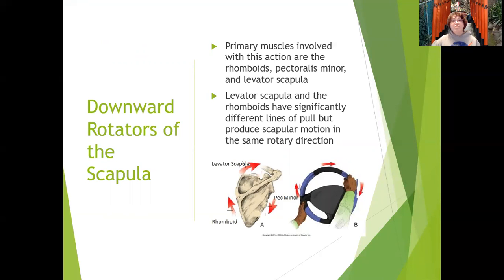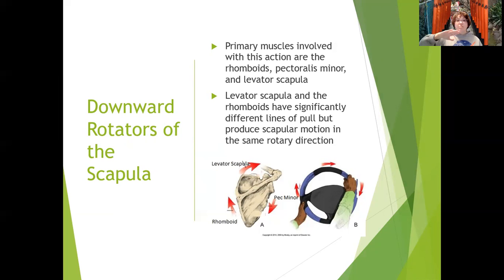So the primary muscles involved in downward rotation of the scapula are rhomboids, pectoralis minor, and levator scapula. The levator scapula and the rhomboids have different lines of pull, but they can produce scapular motion in the same rotary direction. So the levator scapula is pulling up, pulling superiorly from the part between the superior angle and the root of the scapular spine.